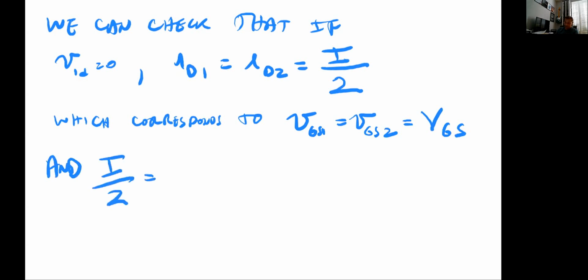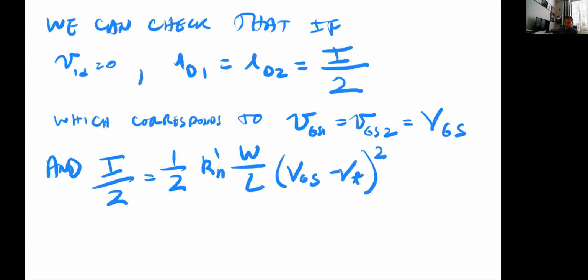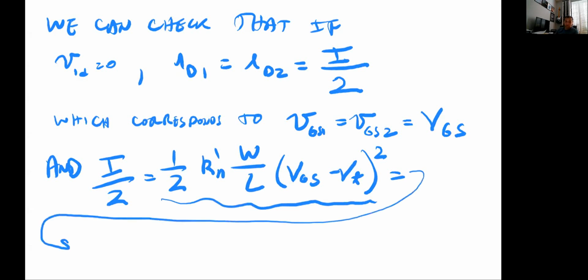Half the bias current, which is just the drain current equation, is equal to our overdrive voltage expression.